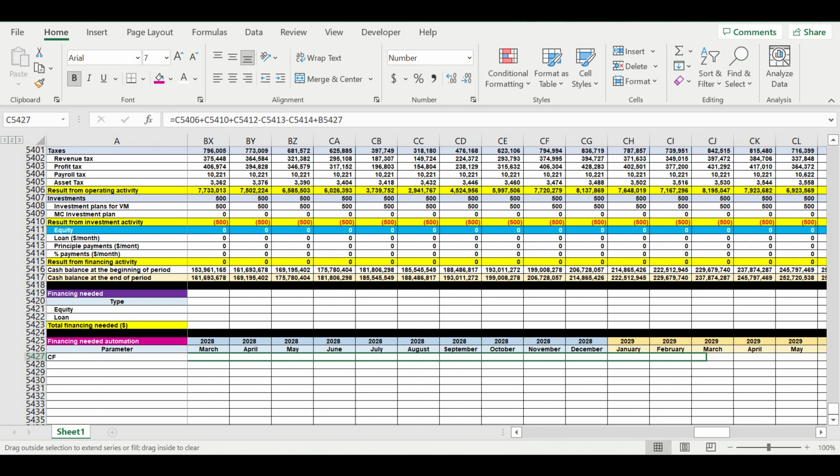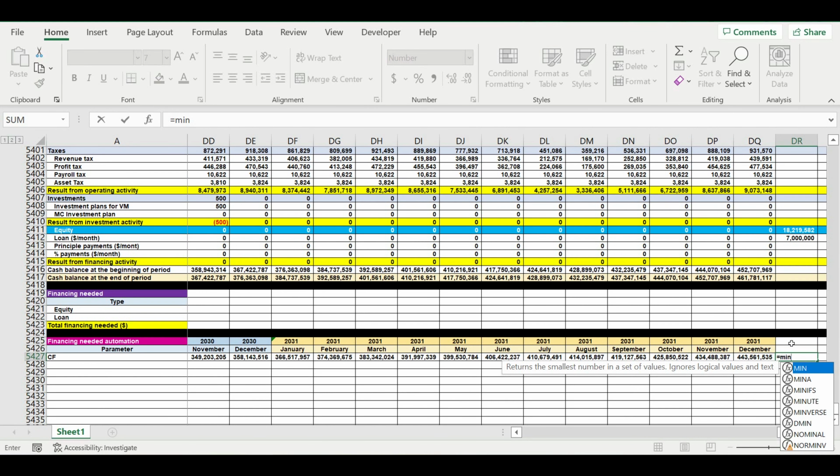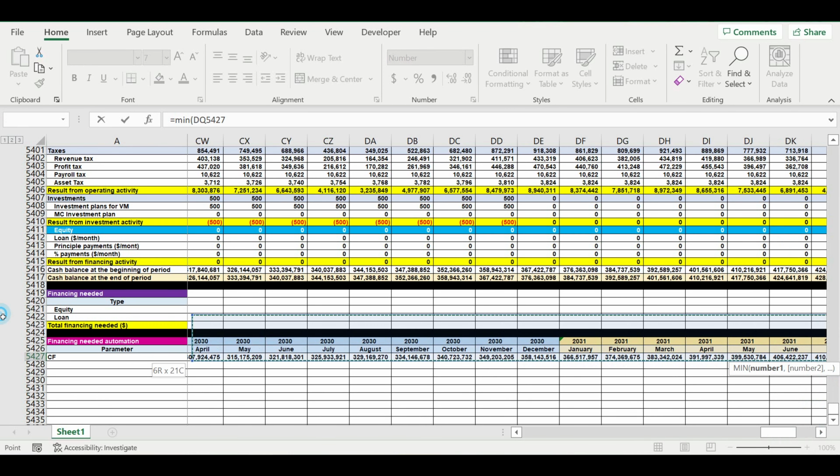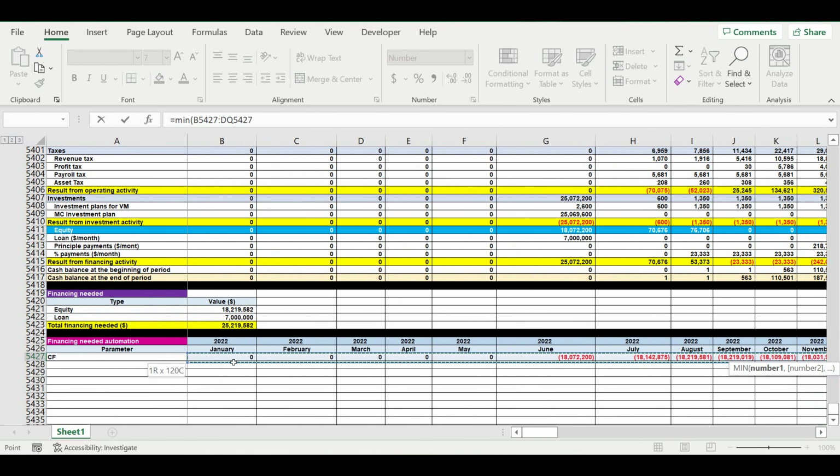Then what I'm doing, I'm taking the minimum value inside this line. Then I will take this line with an opposite sign.